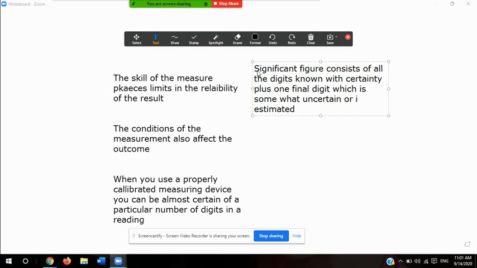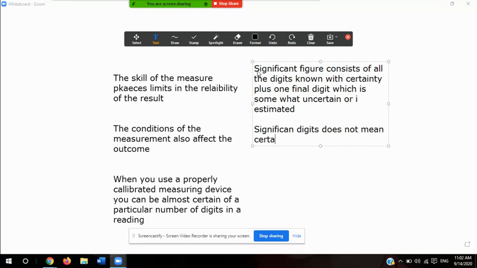Now, another important thing when we're talking about significant figures or significant digits is that the term significant digit does not always mean certain.